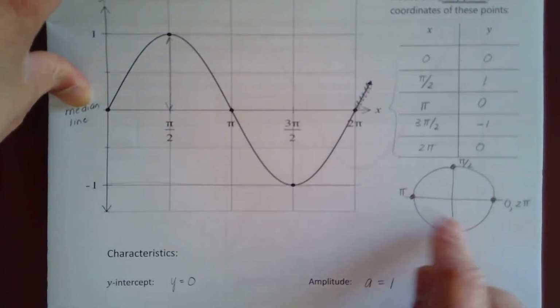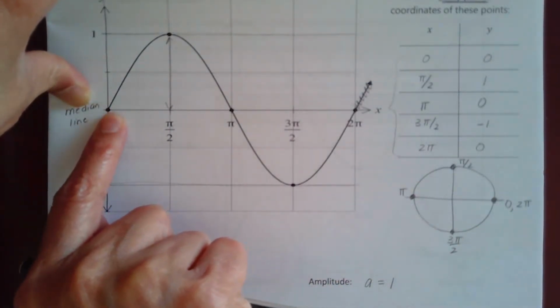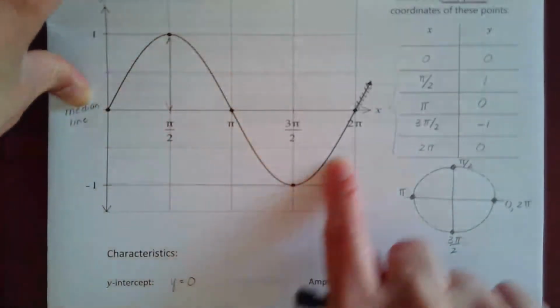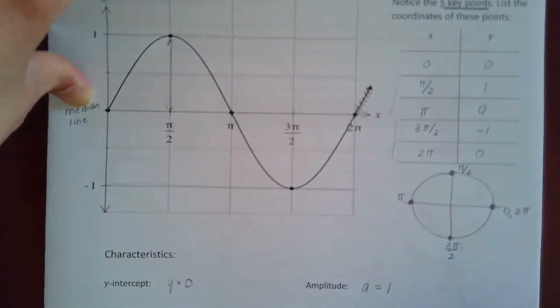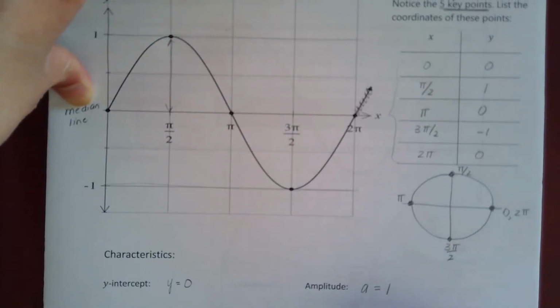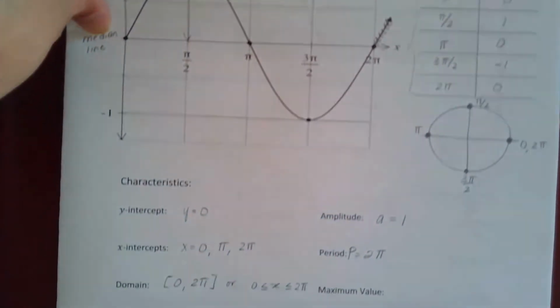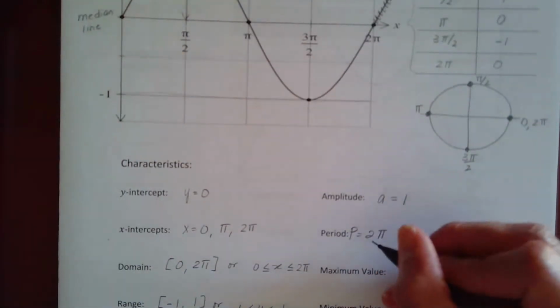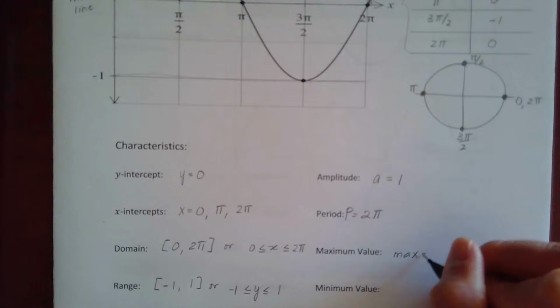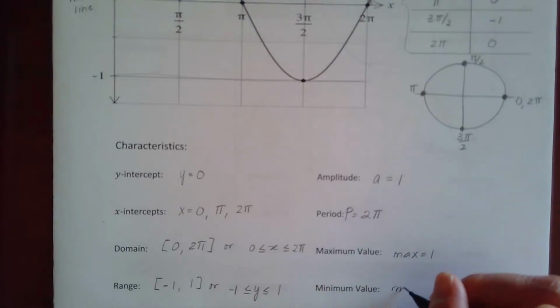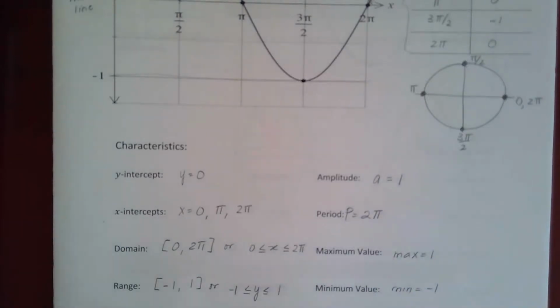The other possibility is from the first starting point to the next starting point. So that's going to be 2 pi. Period is equal to 2 pi. And then maximum value is equal to 1, and minimum value is going to be -1.